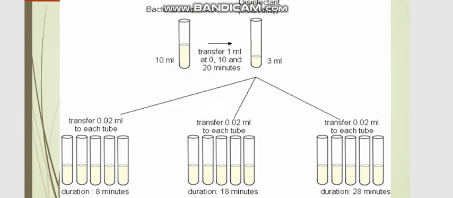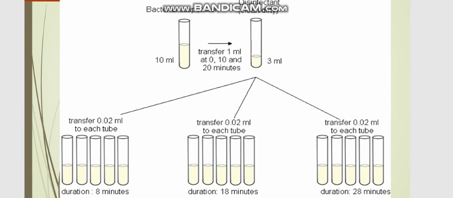From that particular solution, we will perform this test at three different time intervals. Firstly, we will take 3 ml of test disinfectant, and we will add 1 ml of microbial cells from this bacterial suspension.